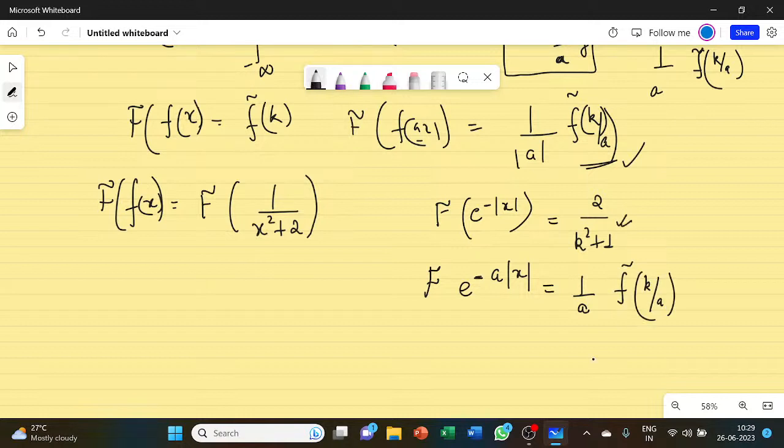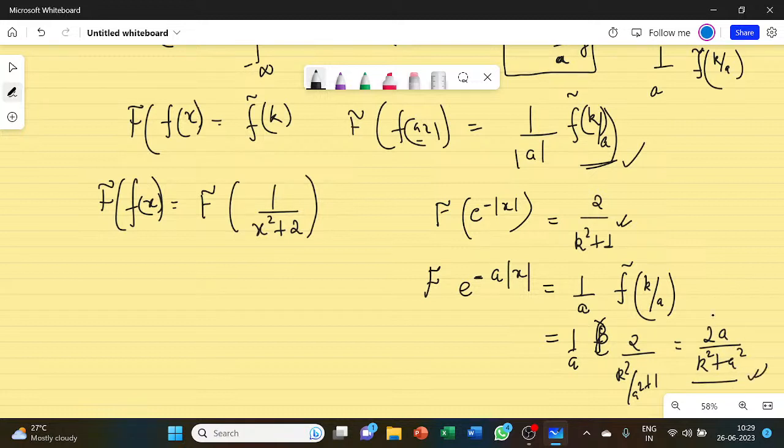So instead of this I will write 1 upon a, and then 2 upon k square by a square plus 1, and this a square will go above. This will be 2a upon simply k square plus a square. Okay, so this is one thing.